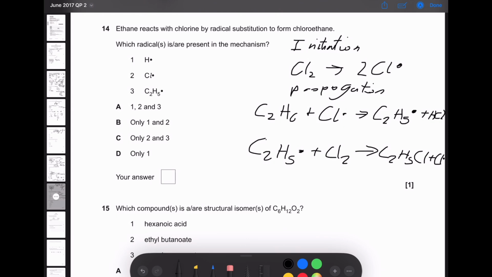So you can do termination, but termination just involves all of the radicals that we've done so far. So what radicals have we got? Well, we've got chlorine here, so that's 2, and we've got C2H5, which is 3. What haven't we got? Well, we haven't got a hydrogen. So it is 2 and 3, which is C.